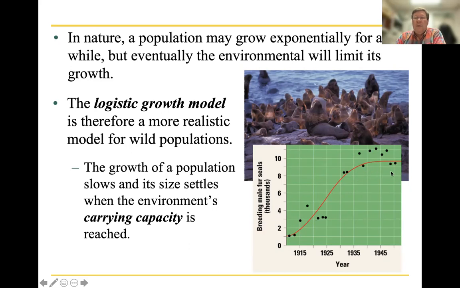But it seems to indicate that the carrying capacity for breeding male fur seals in this environment is just shy of 10,000 individuals. And so when you are now going to hunt, if that's what you wanted to do, then you could bring them back down to a number maybe around here so that you're still in the steepest increase.